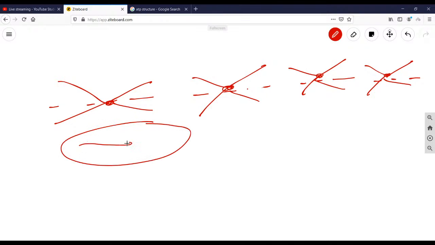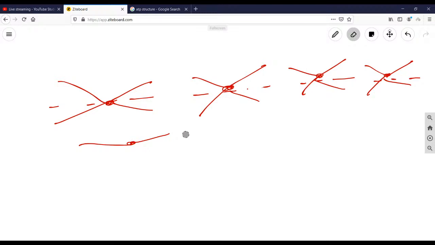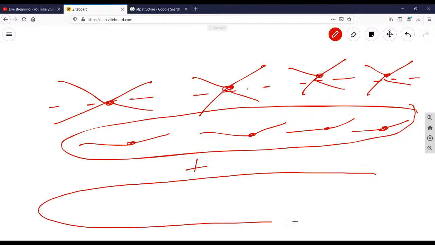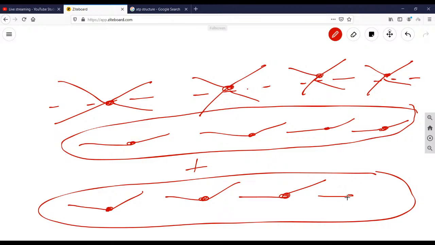One will have 46, and another cell also 46. So this is how from one cell with 46 chromosomes you get two cells with 46 chromosomes, because the DNA doubles but the chromosome number stays constant after the S phase.